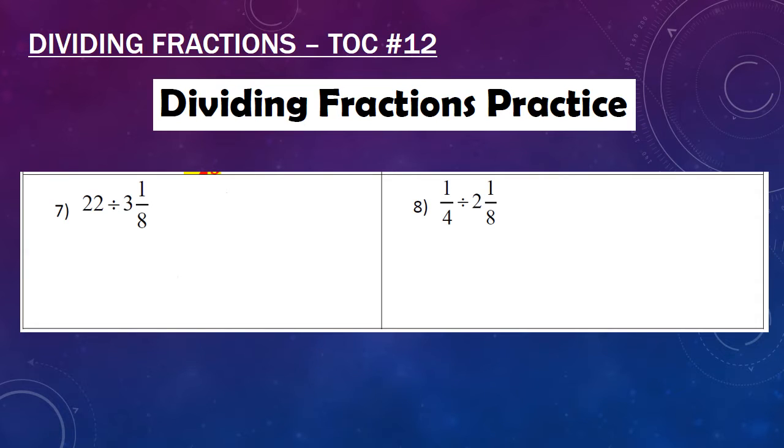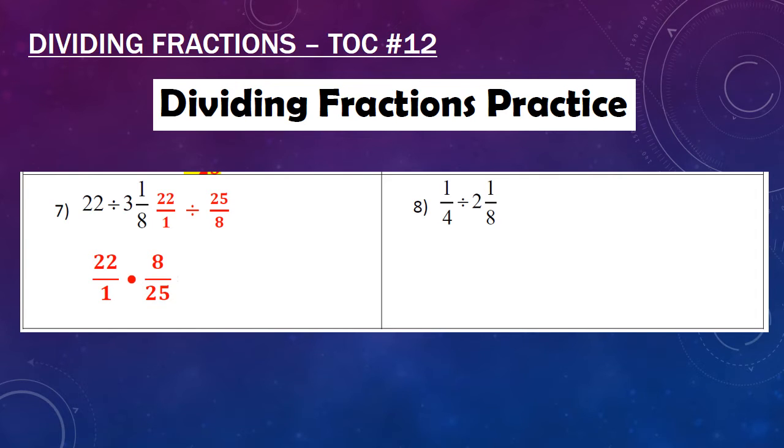All right, 7 and 8, we have 22 divided by 3 1/8. Again, if you ever want to pause the video and try these on your own and check your answers, that's fine. 22 gets put over 1, and 3 1/8 gets changed to an improper fraction of 25 over 8. And then I'm going to keep 22 over 1, multiply, and then 8 over 25 is the flip or the reciprocal of the original fraction.